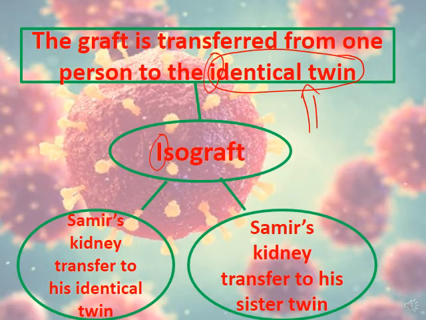Pay attention, a sister twin is not an identical twin. Both of them should be males, or both should be females, in order to say that they are identical. So the graft that's done between two identical twins is called an isograft. So till now we have two different types of graft.